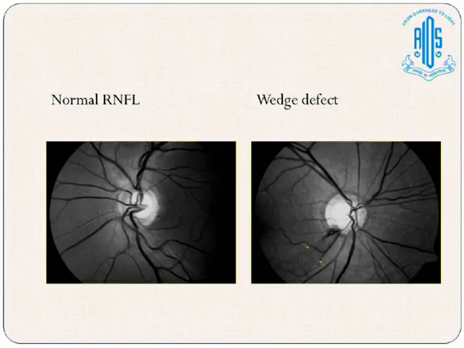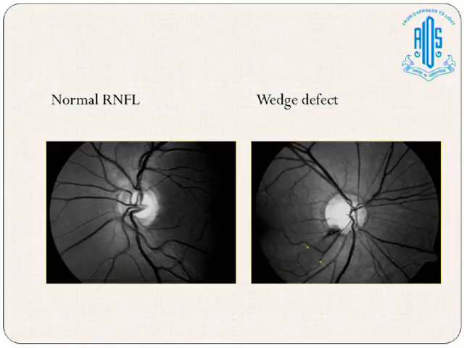As you see over here, it's a normal RNFL in which you can clearly see the striations. This is known as the bright spot, the dark spot, and the bright spot. Since the temporal fibers are fewer compared to the other parts of the optic nerve, it is relatively a little darker compared to the superior and inferior portions.